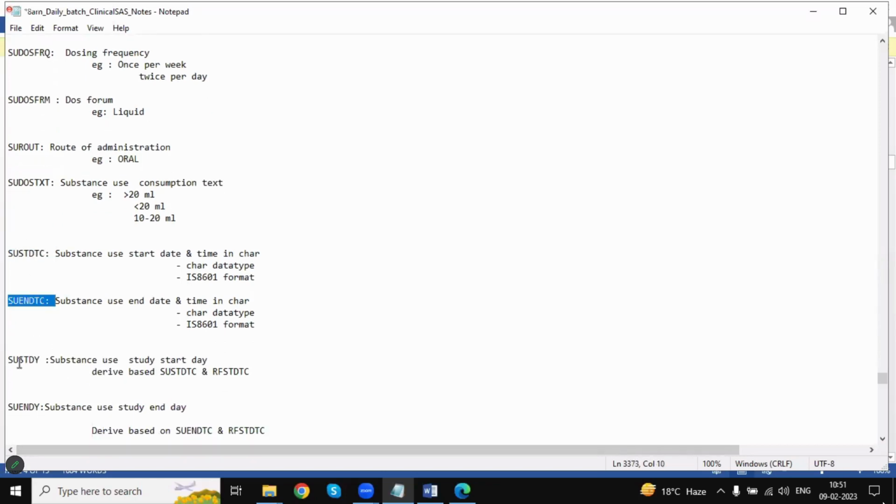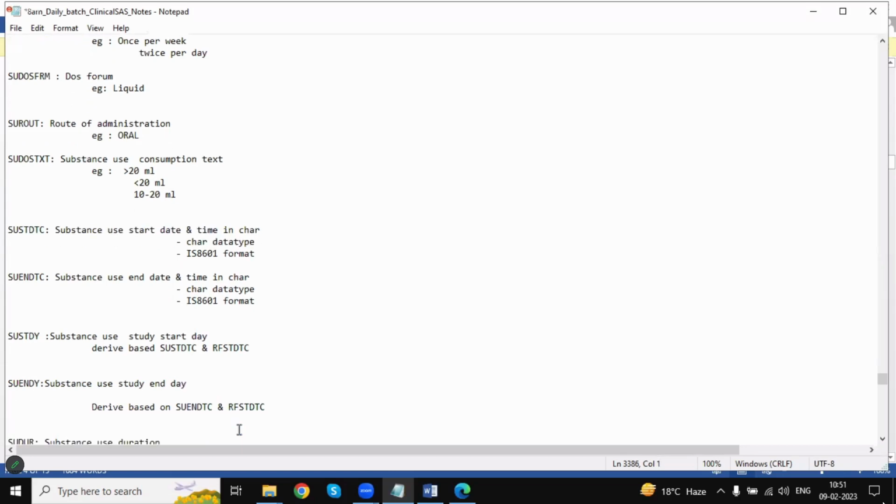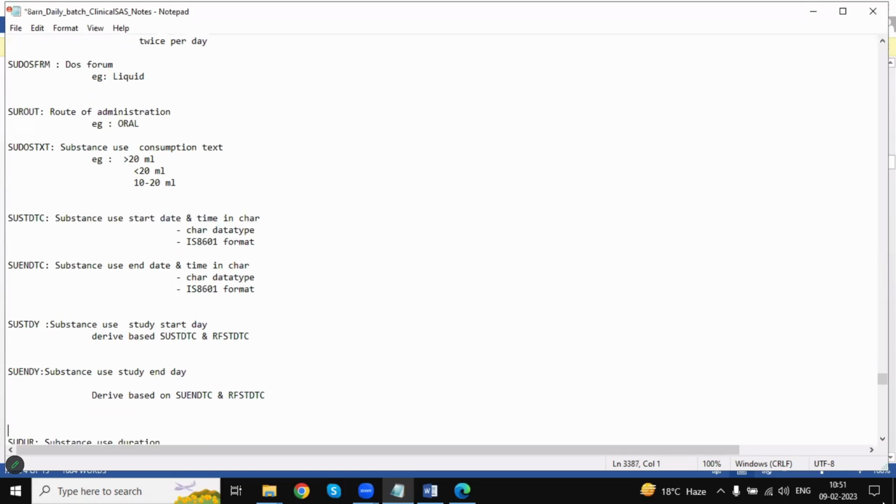From that, I can derive the study start day and study end day. SUSTDY you are going to derive based on SUSTDTC and RFSTDTC, and SUENDY based on SUENDTC and RFSTDTC. Same standard formula you have to give. Remember the formula already? I'm not giving the formula again. We already discussed it a couple of times.